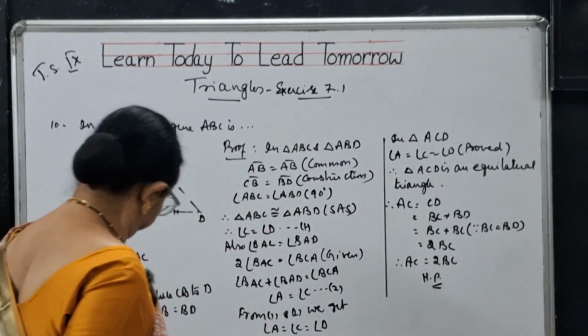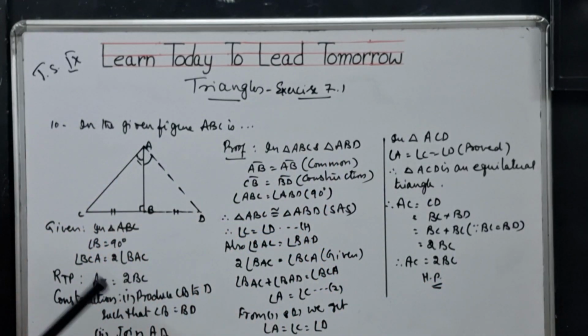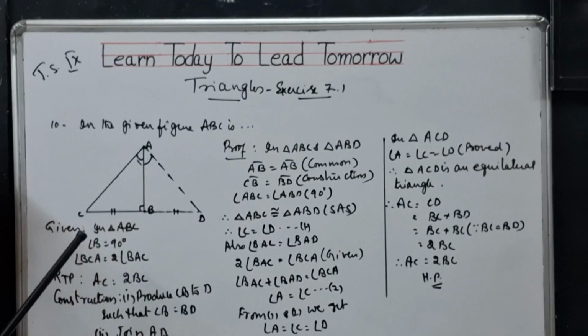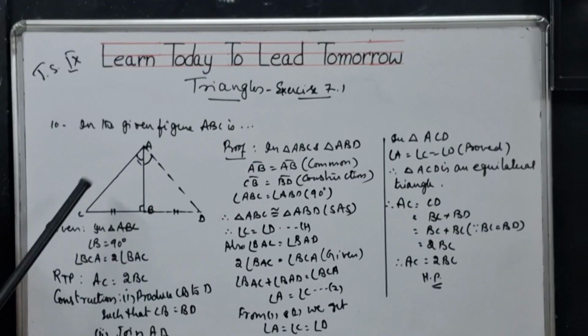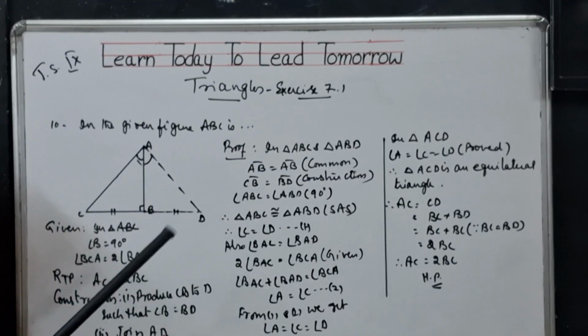So let me explain you once again. In triangle ABC, angle B is 90 degrees they have given, and angle BCA is equal to 2 times angle BAC. This is given to us, and they are asking you to prove that AC is equal to 2 times BC.